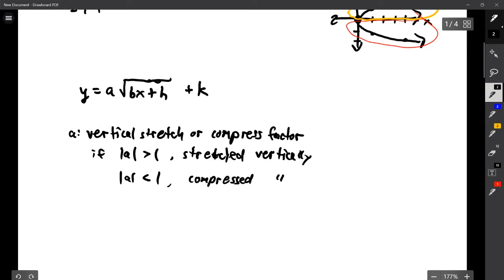Okay? And then one other thing I could say, if a is negative, then it is vertically reflected.